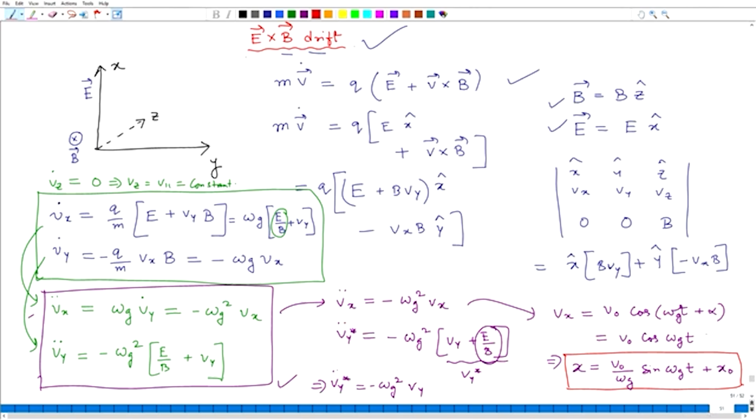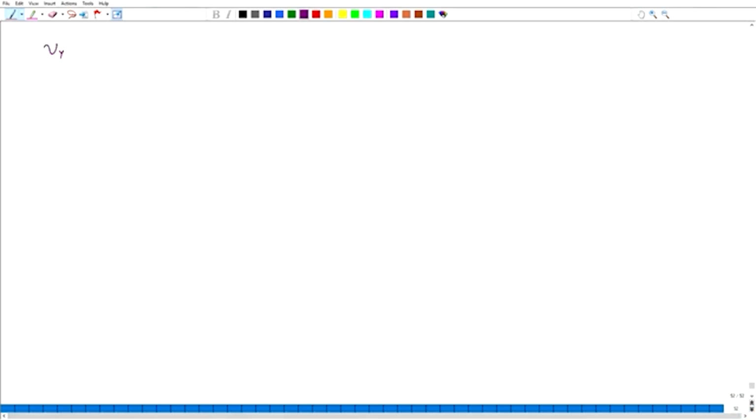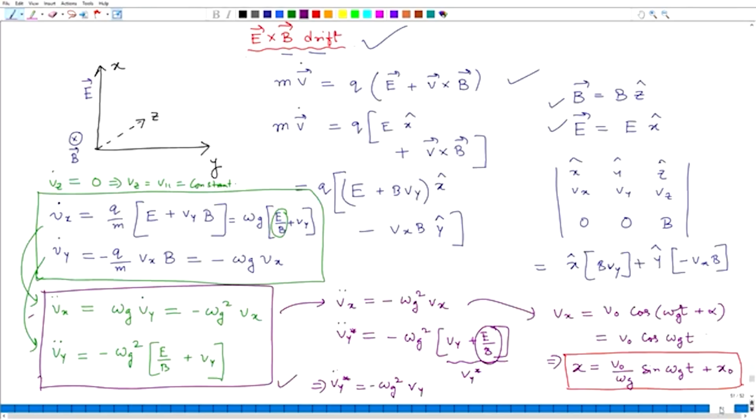Then we can actually do the same thing for Vy star. So, Vy star will be equal to again, Vy star dot. If you now remember how to find these things, this is your Vy star.